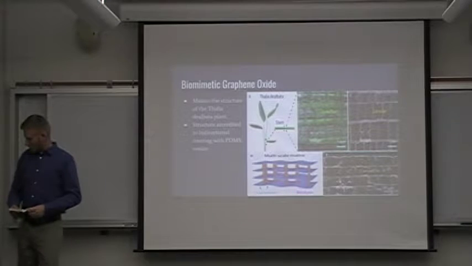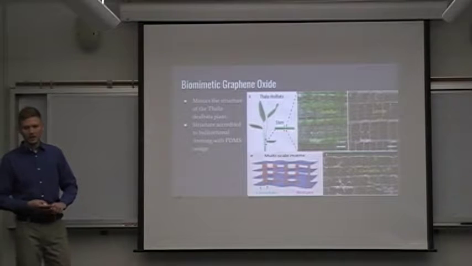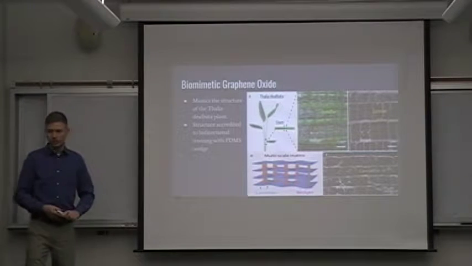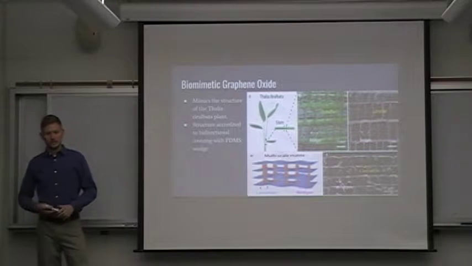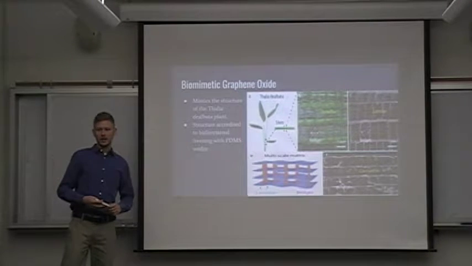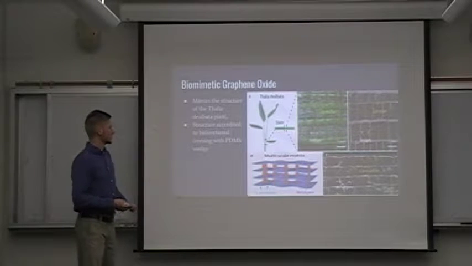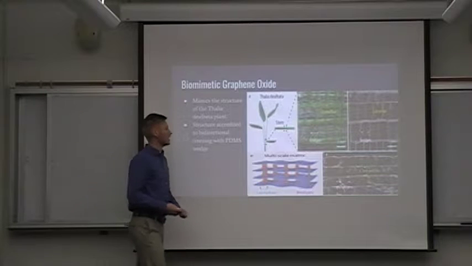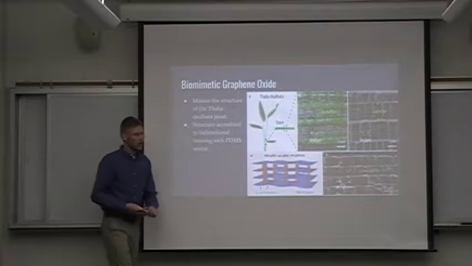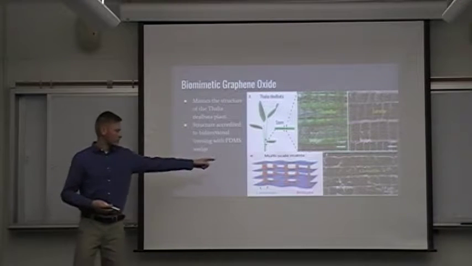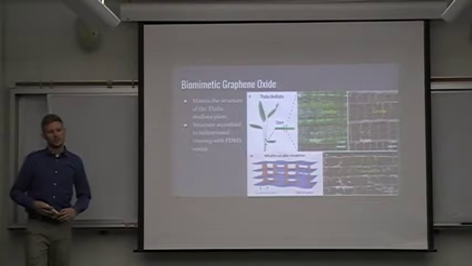So, biomimetic graphene aerogel. When you see biomimetic, that just means it is mimicking biology. In this case, it's mimicking the stem of the Thalia dealbata plant. It is a plant found in South Africa, and it withstands wind very well, and that's how they decided to use it. It has lamellae, so layers, and bridges. This is a 1 millimeter scale, whereas the graphene aerogel is a scanning electron microscope image, and that is a 10 micrometer scale.